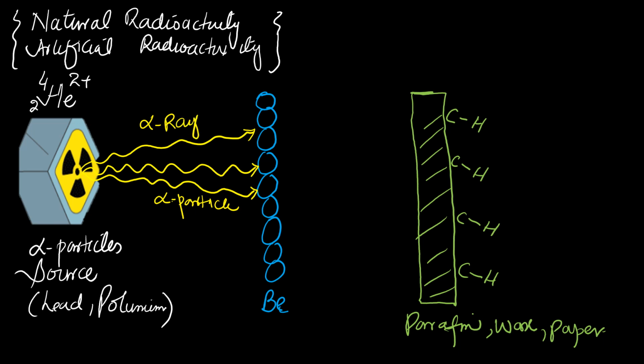When alpha rays were incident on the beryllium foil, James Chadwick noticed that radiation was produced, and suppose the nature of the rays was not known. Suppose these rays are ray 1. In this way, new radiations were continuously produced from the beryllium foil, and they fall on the paraffin wax.